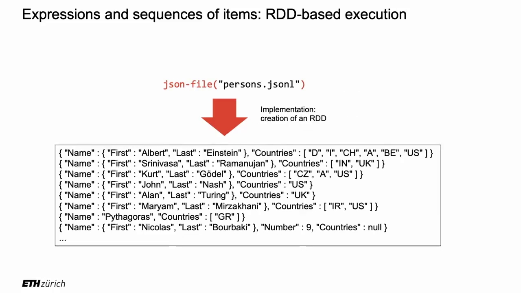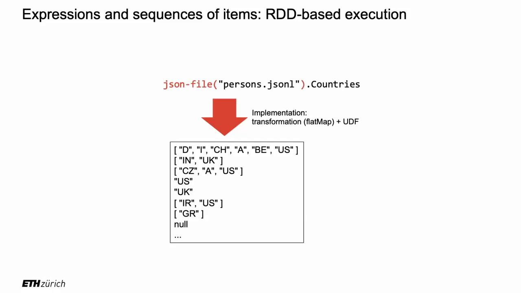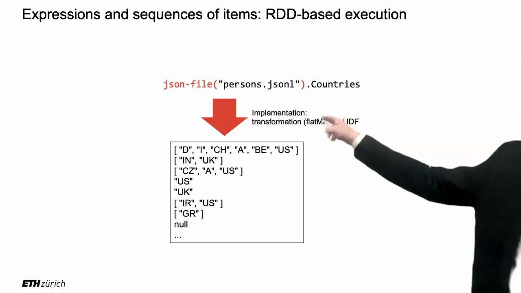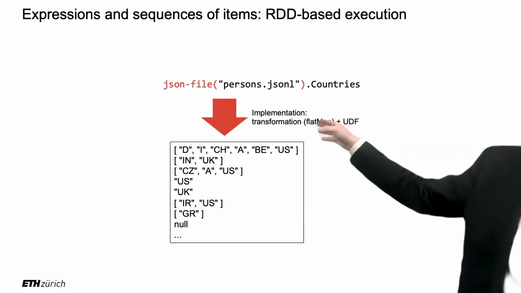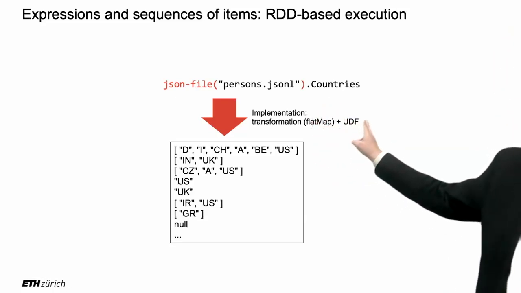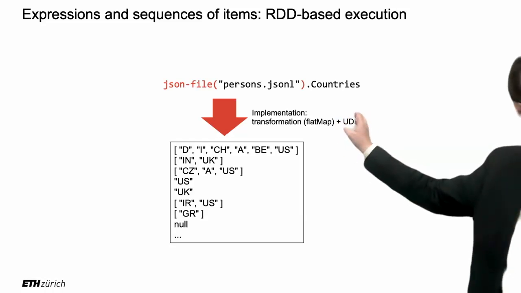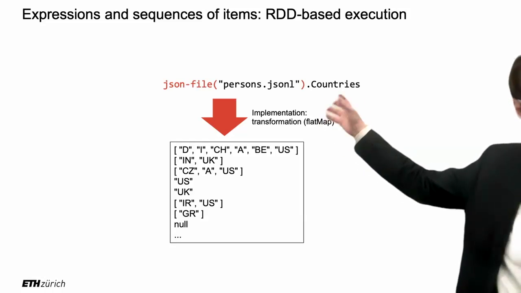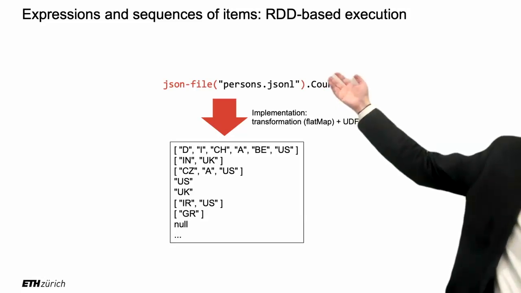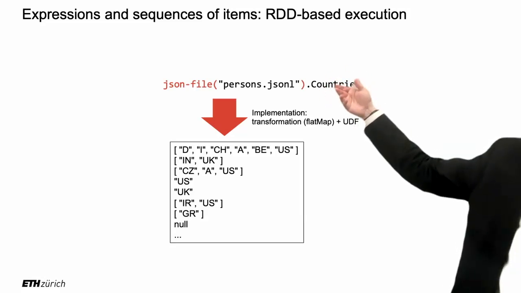If I now have an expression that is the lookup, the navigation, I validate 2 countries, then what RumbleDB is going to do is use the flat map transformation, and the flat map requires a lambda, right? Some function that is the mapping function, and for that we use what's called in Java a user-defined function. It means that whenever we use a flat map, RumbleDB is going to create some Java code that implements the mapping function.